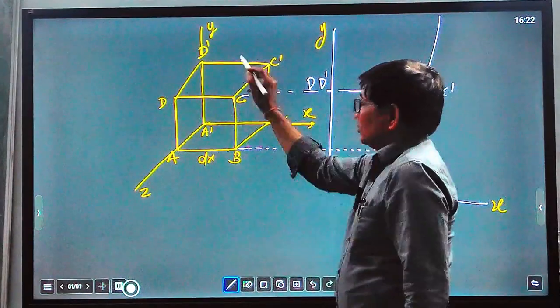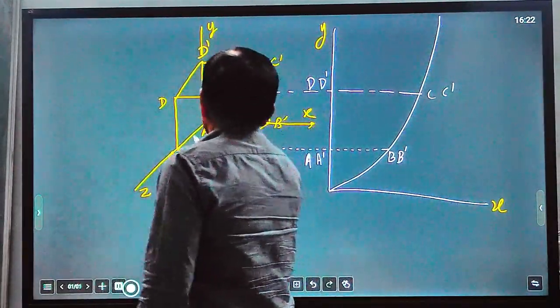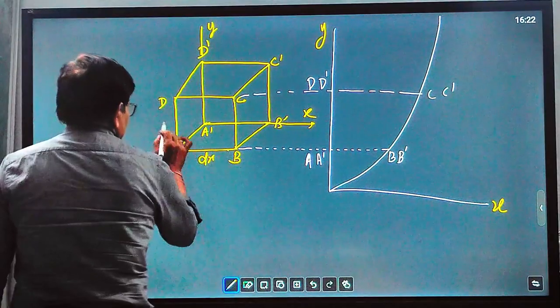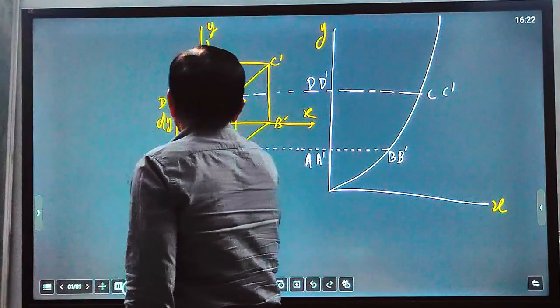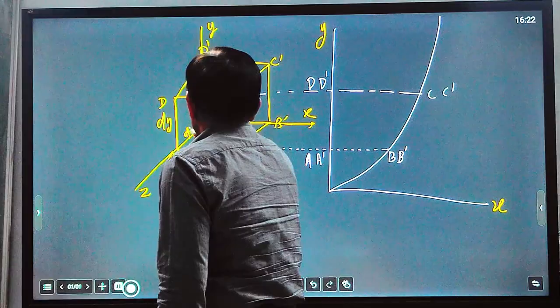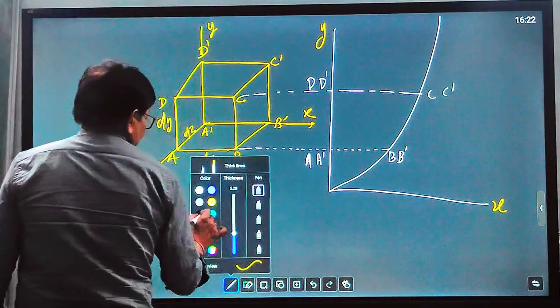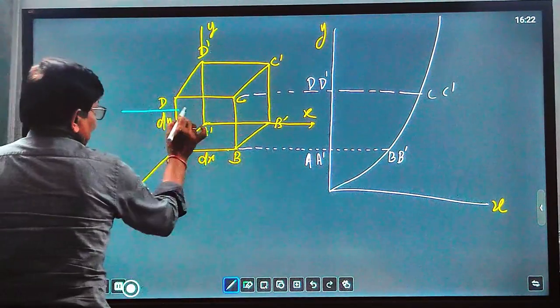From this point to this point the dimension is dy, and the other dimension is dz, and suppose the pressure acting at this surface is P.